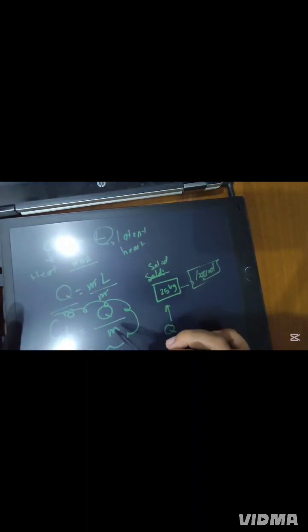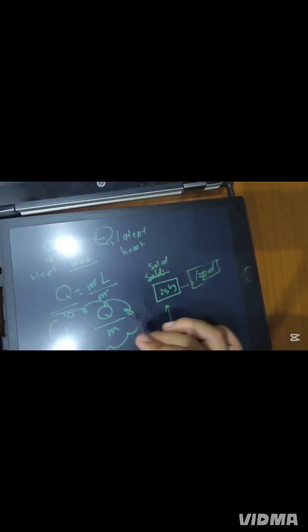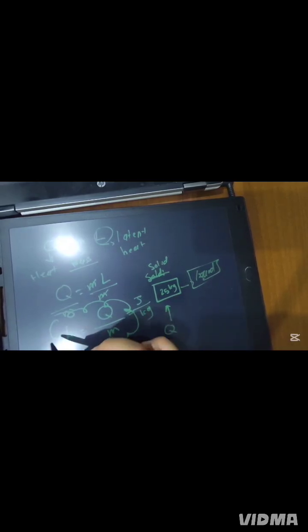So this process is called latent heat: energy per unit mass. What is the unit of latent heat? According to this rule, the unit of heat is joule and the unit of mass is kilogram, so the unit of latent heat is joule per kilogram.